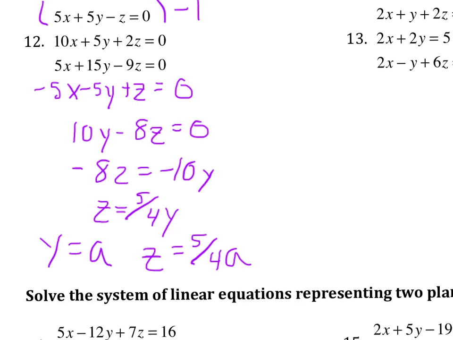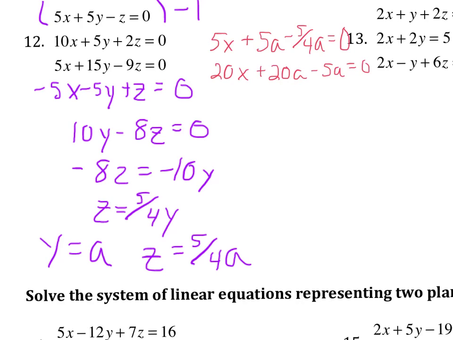So I have 5x plus 5a minus 5/4 a equals 0. And to get rid of the fractions, I'm just going to multiply through by a 4. So 20x plus 20a minus 5a equals 0. So 20x plus 15a equals 0.